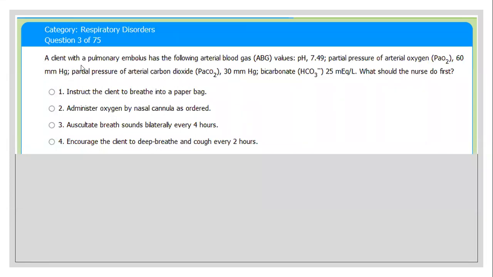A client with a pulmonary embolus has the following arterial blood gas values.